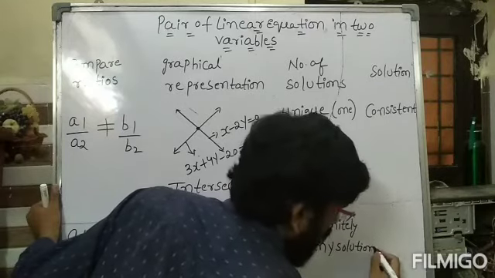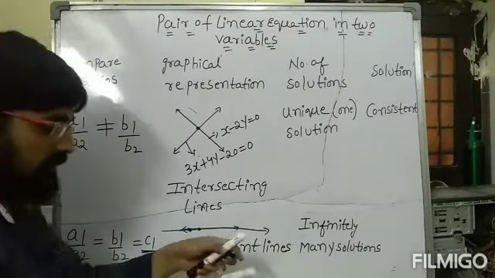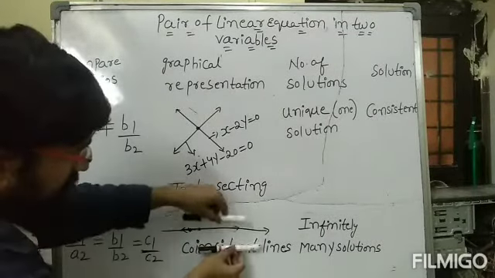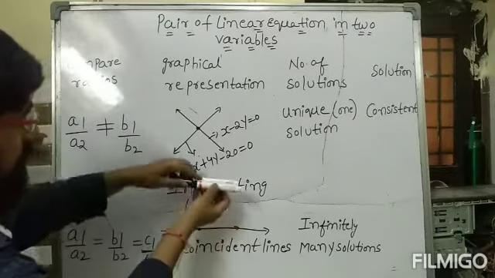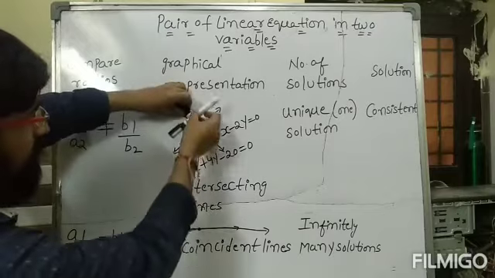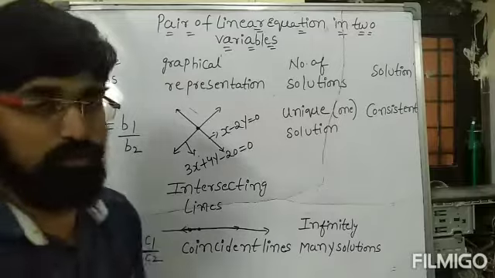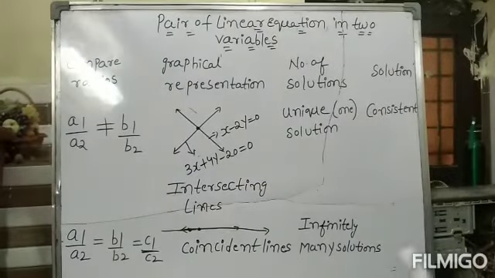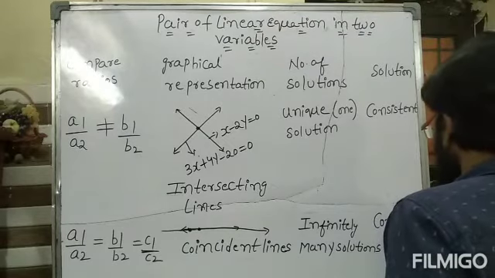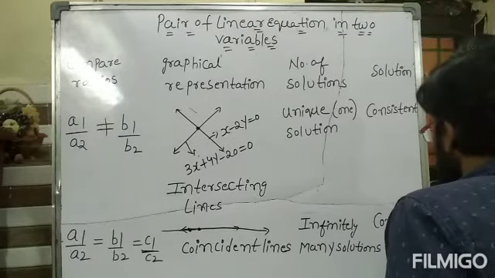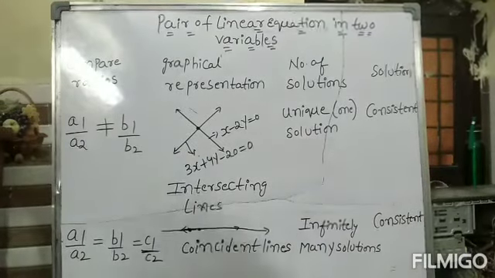Coincident means coincide, they will coincide with each other. Intersection means one is like this, other is like this, they meet only at one point. Infinitely many solutions. Whether they get one or many solutions, they are called consistent.